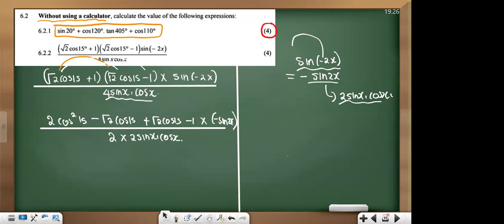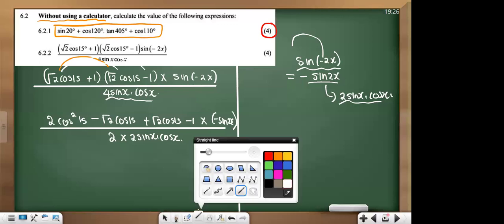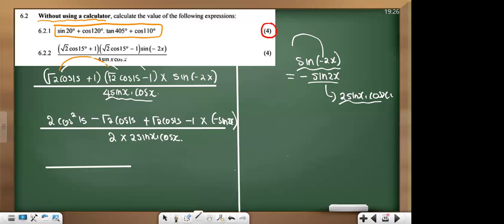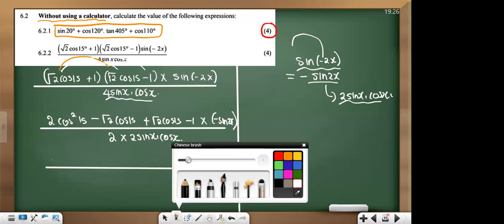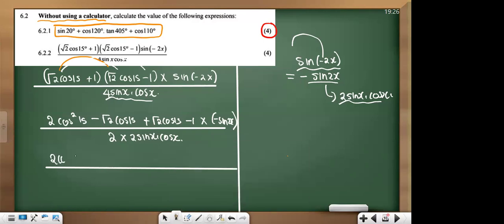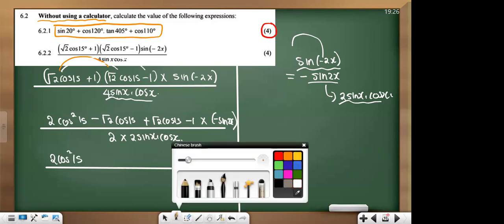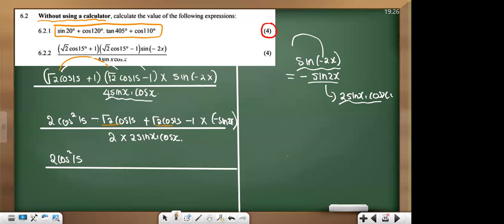Don't be surprised here, guys. I changed what they gave me. You're allowed to do that. That's 2. I'm just gonna keep on doing simple steps. I have 2 cos squared 15. Are you aware that these are the same but different with sign? Negative and positive, they will cancel.